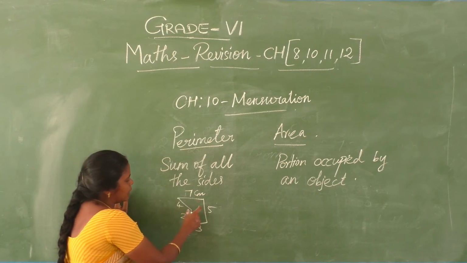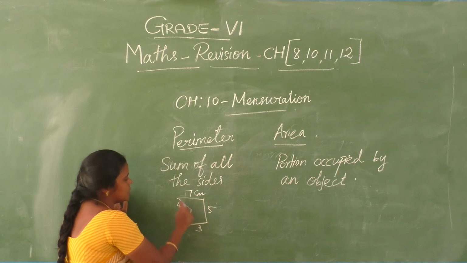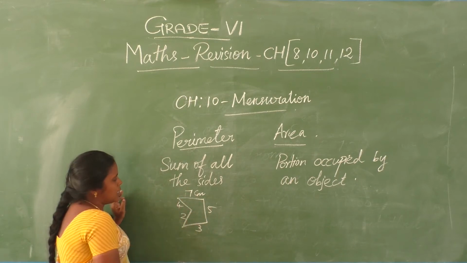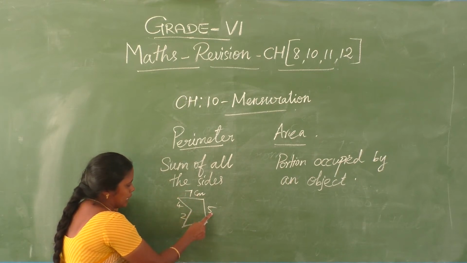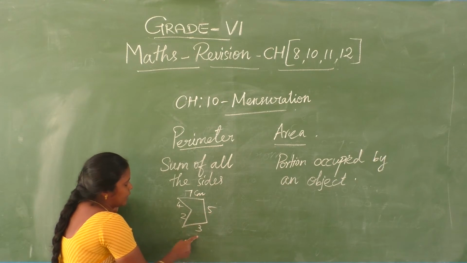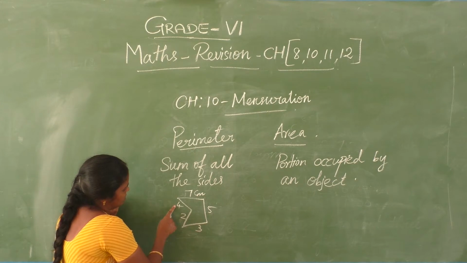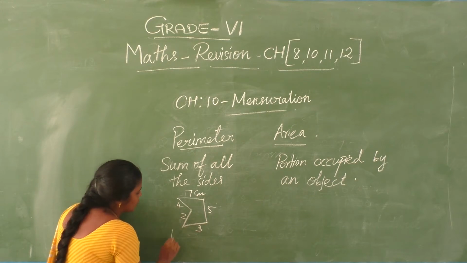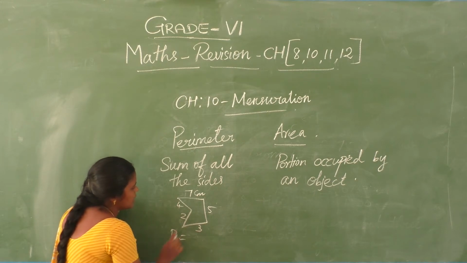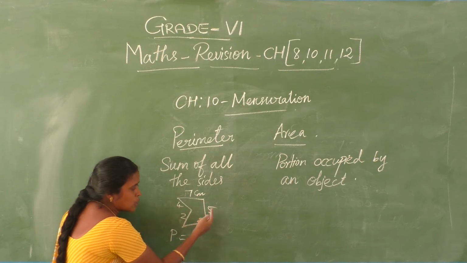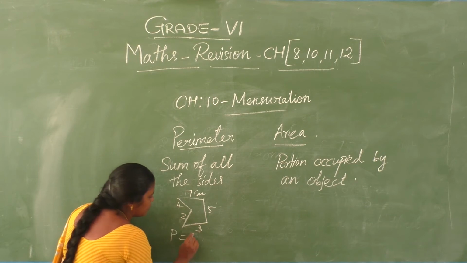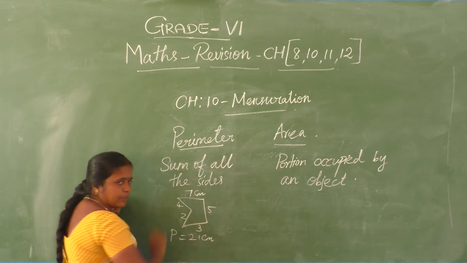So 7 plus 5 is 12, 12 plus 3 is 15, 15 plus 2 is 17, 17 plus 4 is 21. So the perimeter of this figure is 21 centimeter.